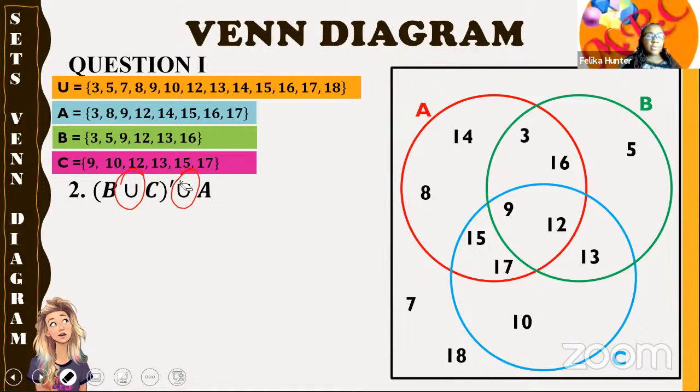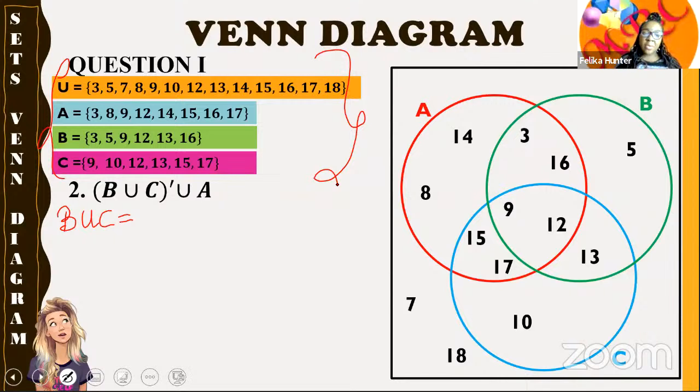So we're going to go with the bracket part first, which is B union C. As long as we have listed all of this correctly, I have no reason to go back to the Venn diagram, because I've pulled the information from the Venn diagram and listed my elements.